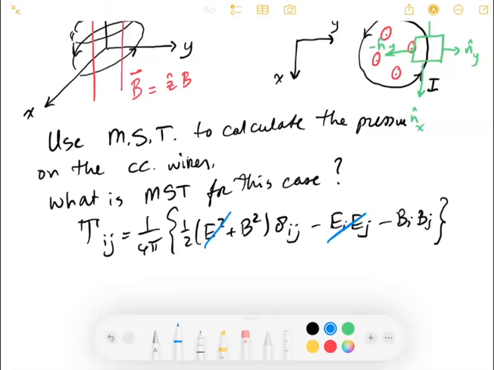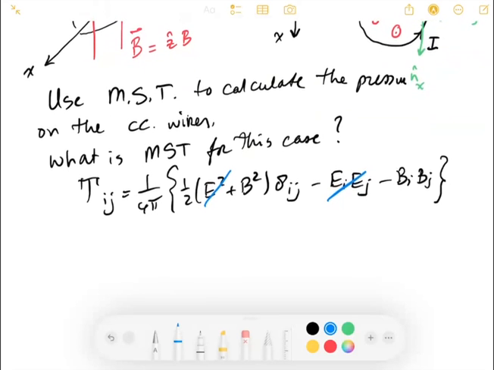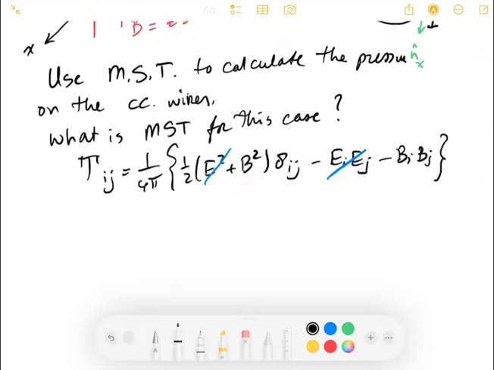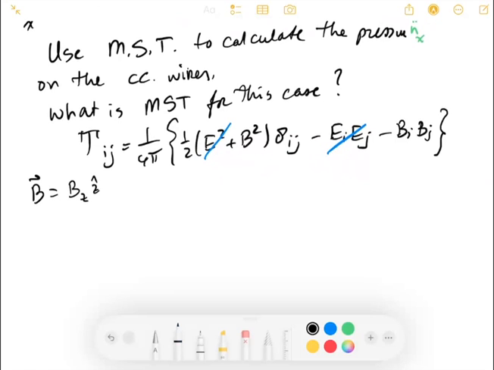Okay, now, B has only a Z component. So B is some B_z times Z hat. Let's calculate these things. Okay, so let's look at T_xx. So that will be the xx entry for this thing. All right, here we go. 1 over 4 pi.